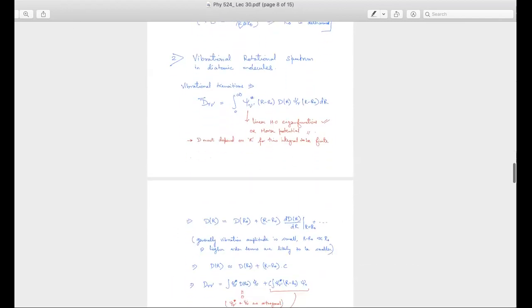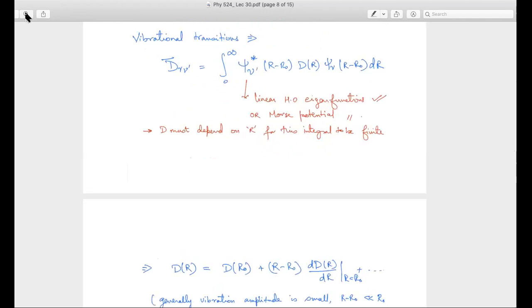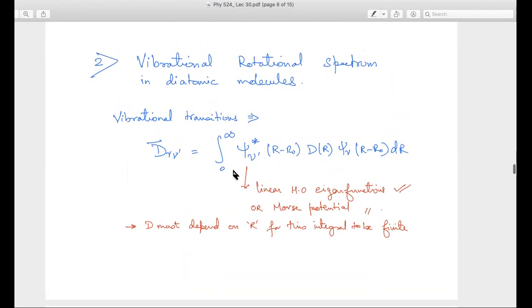Okay. Then let's go to some more detail about what is called the vibrational and rotational spectrum. So we just saw the pure rotational spectrum, right? Let's go to the vibrational rotational spectrum, okay? Because the vibration degree of freedom and the rotation degree of freedom will turn out to be coupled, basically.